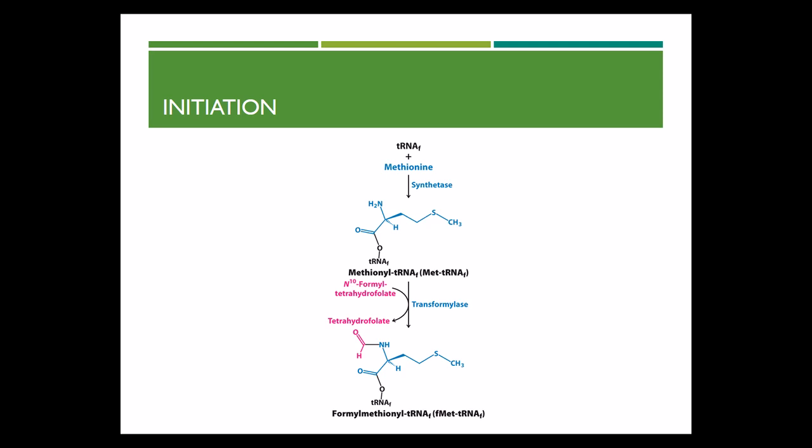On the previous slide, we mentioned that the methionine transfer RNA is the initiator. But that specific transfer RNA molecule is only used to start protein synthesis, and it's not used for other methionine codons.